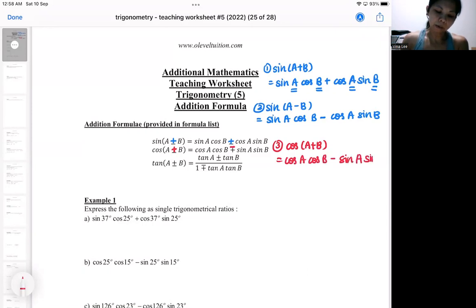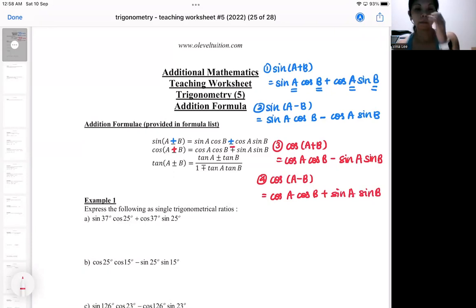That's how I remember it. If it's cosine A minus B, it will be the opposite sign: cos cos plus sine sine.